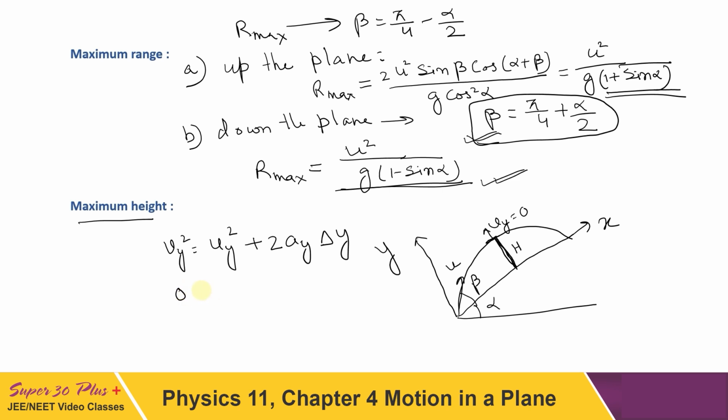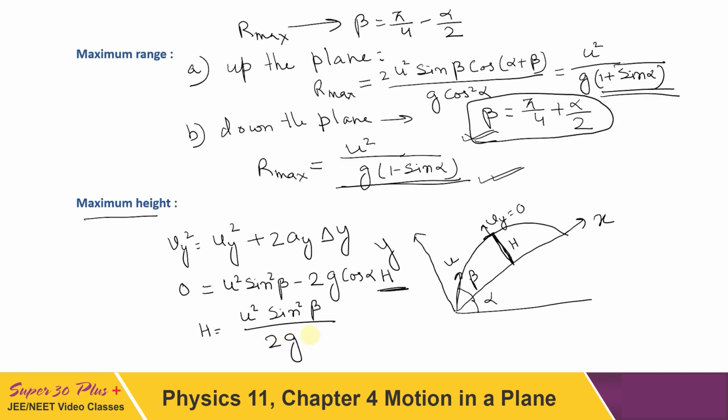So 0 is equal to u² sin² β minus 2, what is the y component of acceleration here, g cos α, and Δy can be written as h. This is the maximum height we are interested in obtaining. So h will be u² sin² β upon 2g cos α.